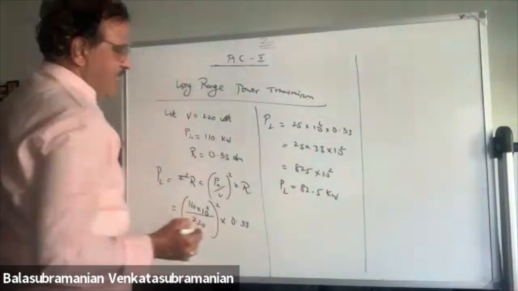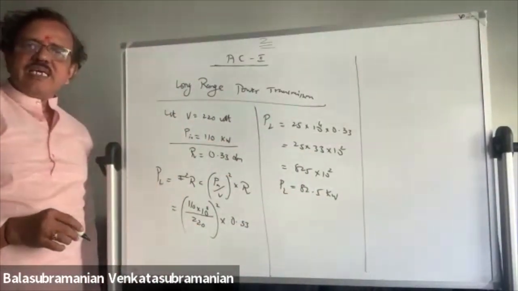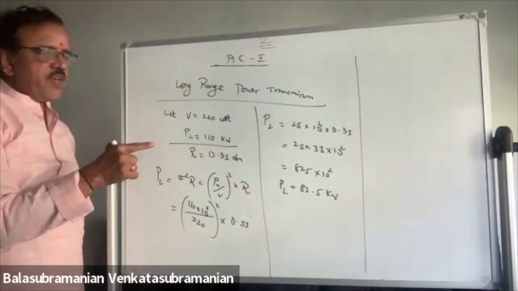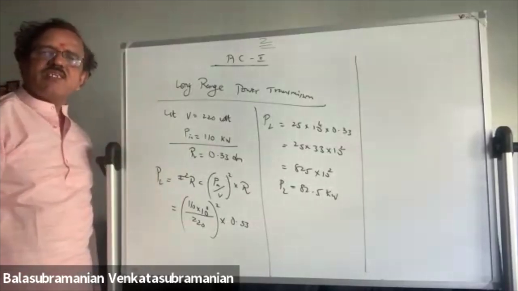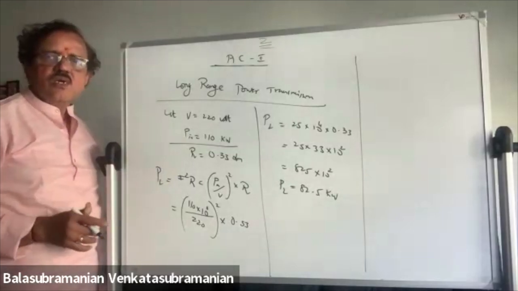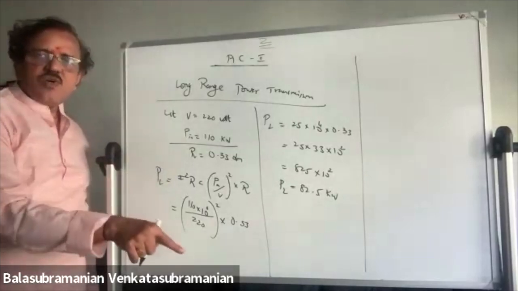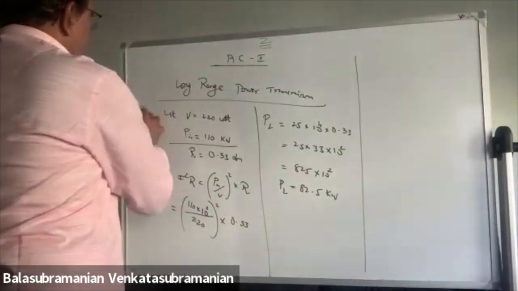See, 110 kilowatts is transmitted, and of that 82.5 kilowatts is lost. That means 75% of the power is lost. There is no transformer used.